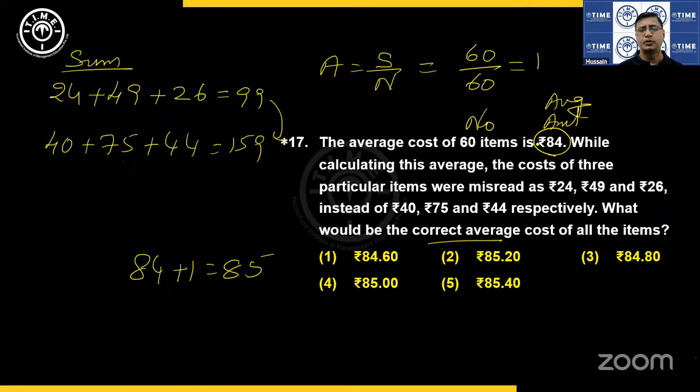So the average amount is 84, and now it increases by 1 because here the 3 items were quoted less than the actual values. So 84 is 1 less than the actual. So what is actual? 84 plus 1, 85. Right choice, option number 4.